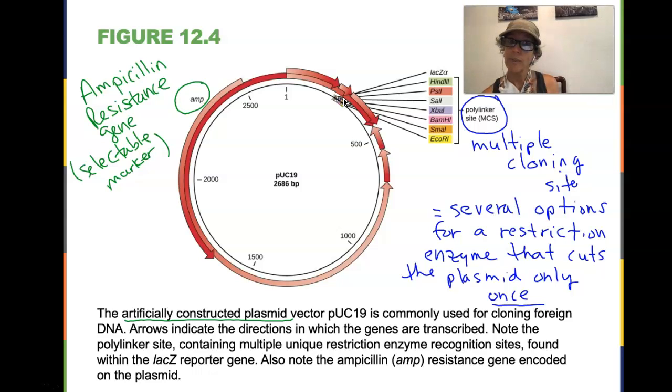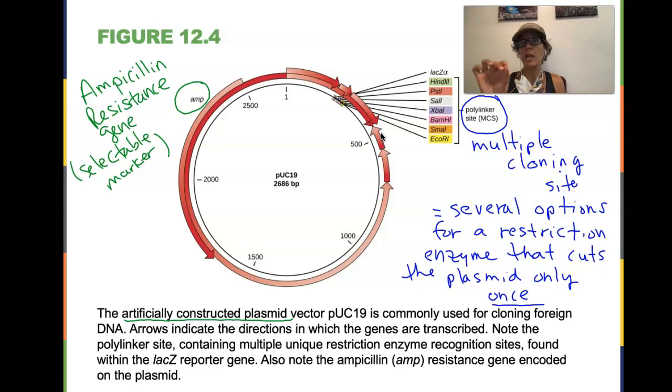However, if we cut this plasmid, we also cut in the middle of that LAC-Z gene, and then we stuff in the DNA of interest, and now the LAC-Z gene is broken. And if a plasmid containing a broken or an interrupted LAC-Z gene is put into the bacteria, they still survive because they have the ampicillin resistance gene, but they won't be able to eat the lactose and they won't change colors.